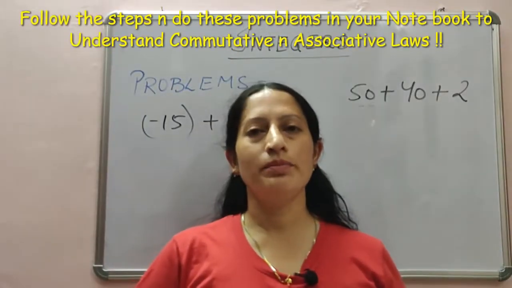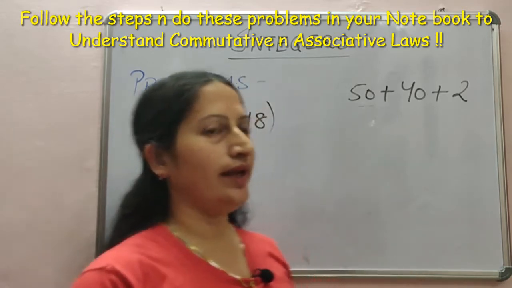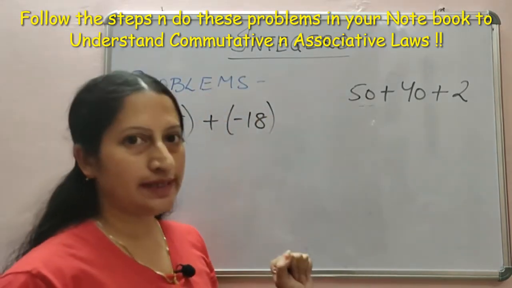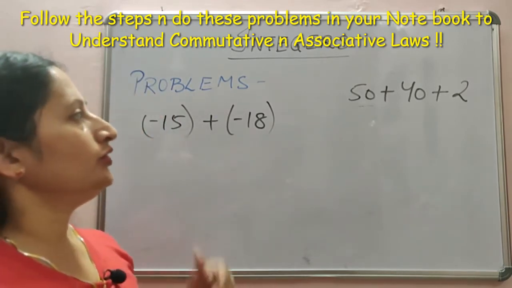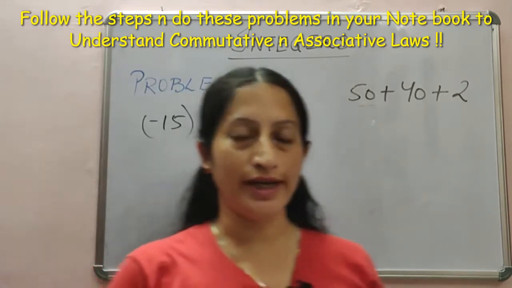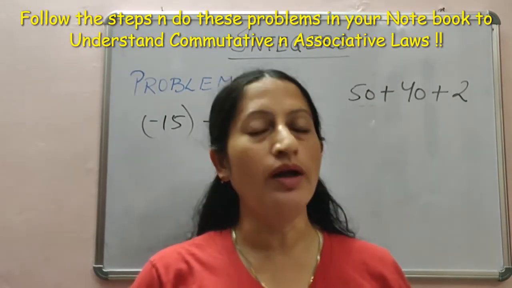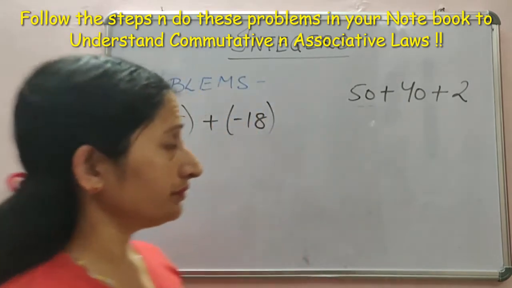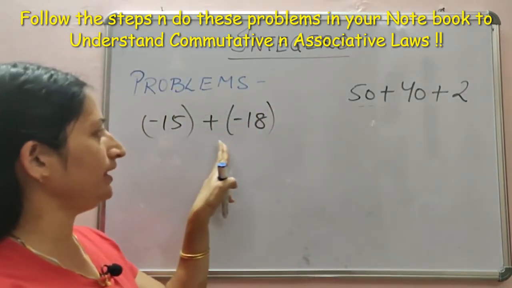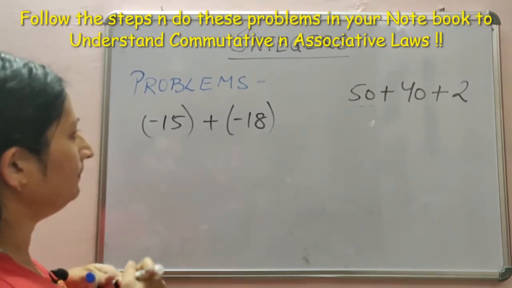Friends, let's do some problems related to your integers. So in that I have taken these two problems here and I will be discussing a few more problems with you. With these problems we will try to understand the commutative law and the associative law and we will prove those two laws. So I have taken here minus 15 plus minus 18. So how to do it? Let's see.